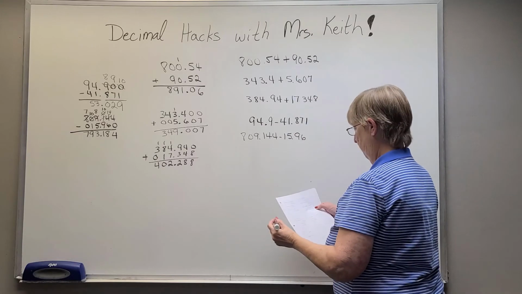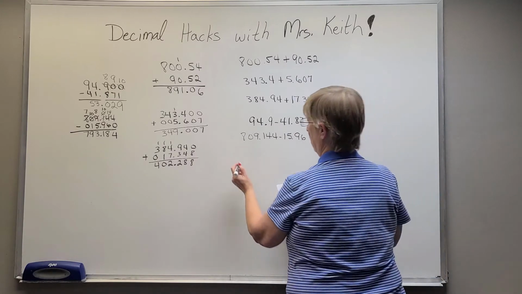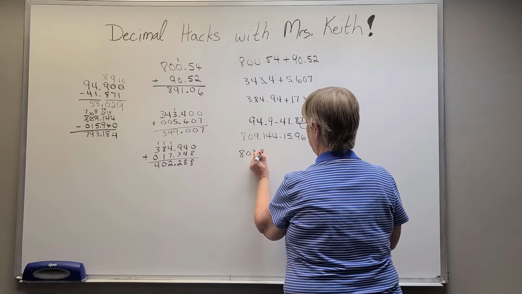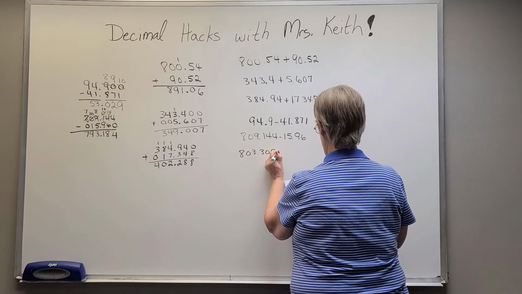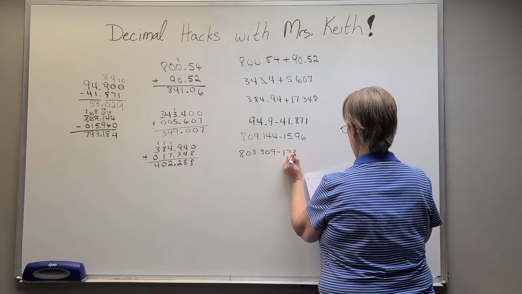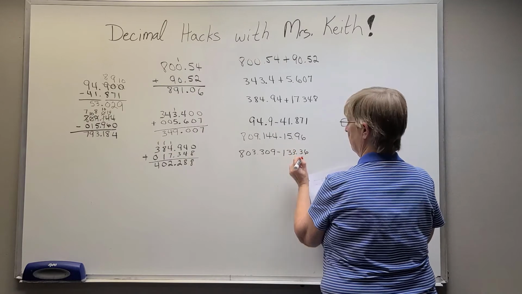All right, let's see, we've got 803.309 minus 133.36.